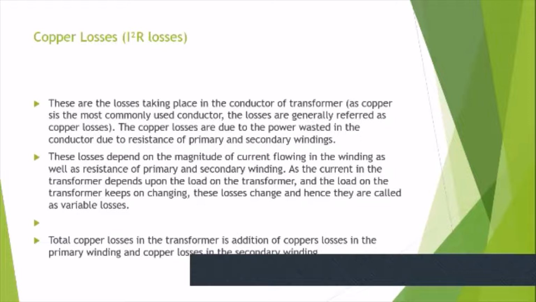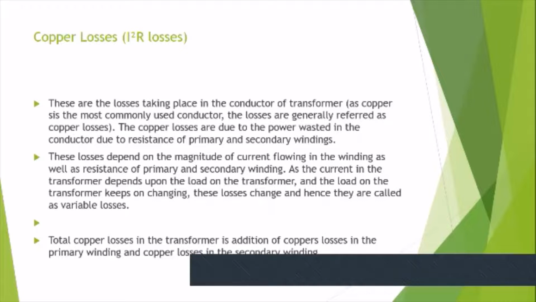These losses depend on the magnitude of current flowing in the winding as well as the resistance of the primary and secondary winding. As the current in the transformer depends upon the load on the transformer, and the load keeps on changing, these losses change and hence they are called variable losses.